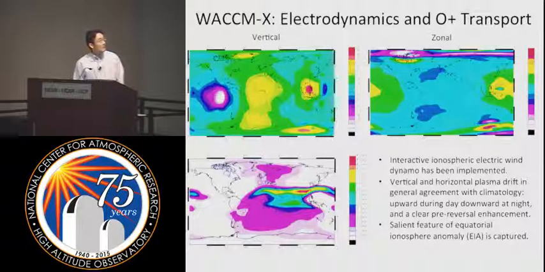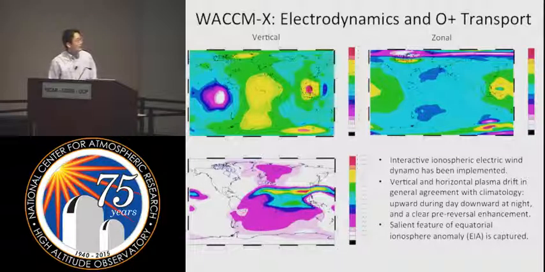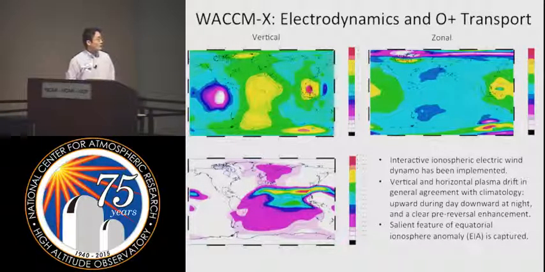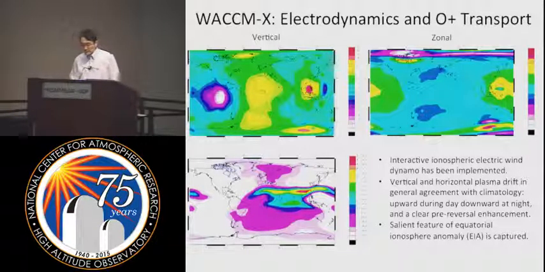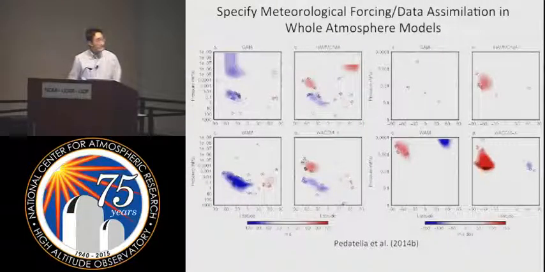Actually, that's doing better than what we saw in TIME-GCM. And then this is the total electron density near the F2 peak. So you can see the EIA, the equatorial ionization anomaly, is well reproduced because we're doing the vertical drift right. So that capability is now in the model and it's being tested and verified.